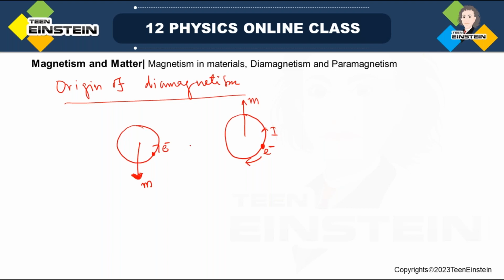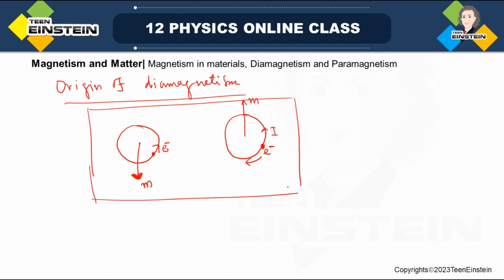So if I have a pair of these electrons together, they cancel each other's magnetic moments.